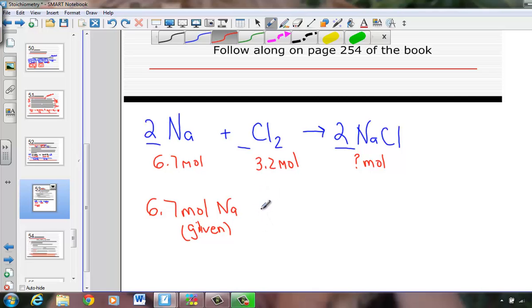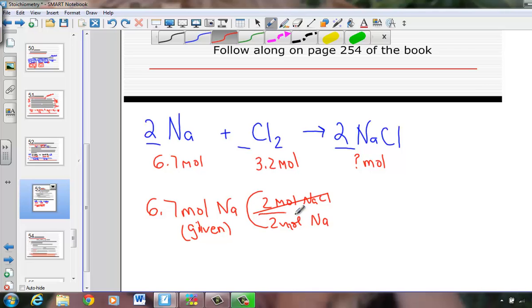In the heart of the problem, our want over given ratio, I'm going to make that a parenthesis, we see that our want, which is sodium chloride, would have 2 moles of NaCl set over 2 moles of Na.